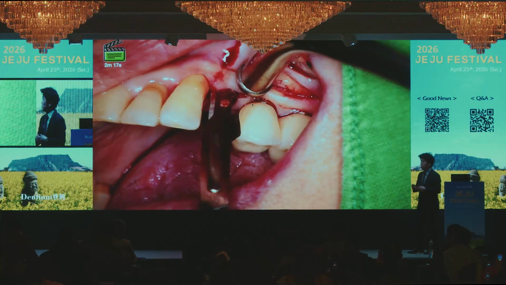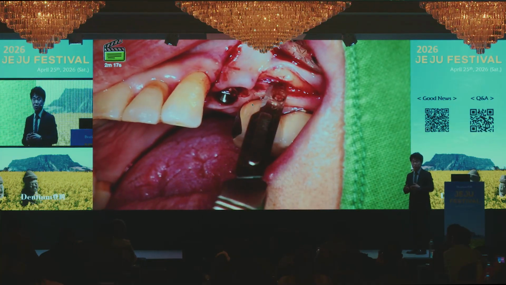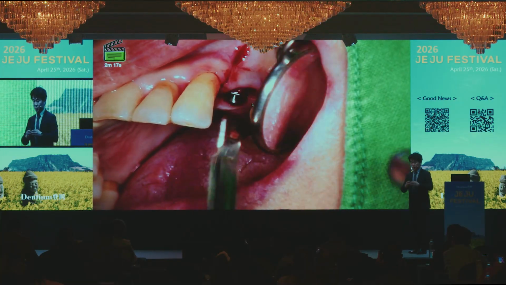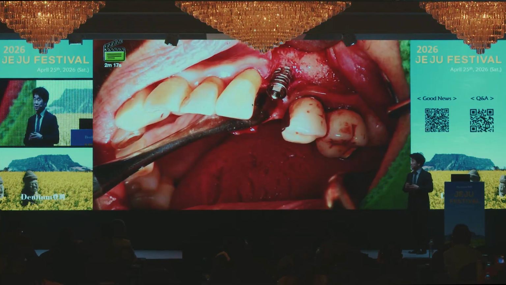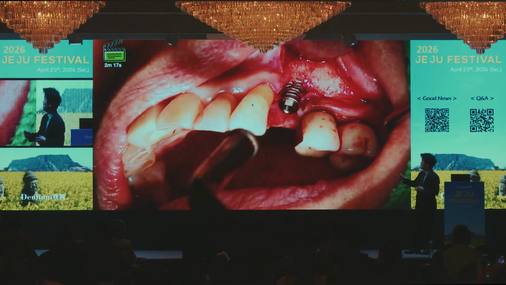And then a full thickness flap is needed because it is easy to find the type of bone defect.